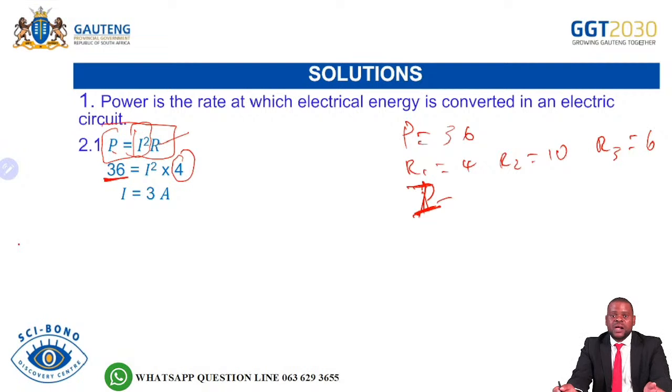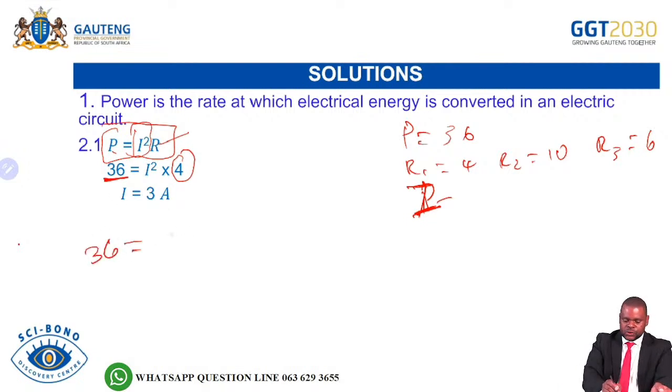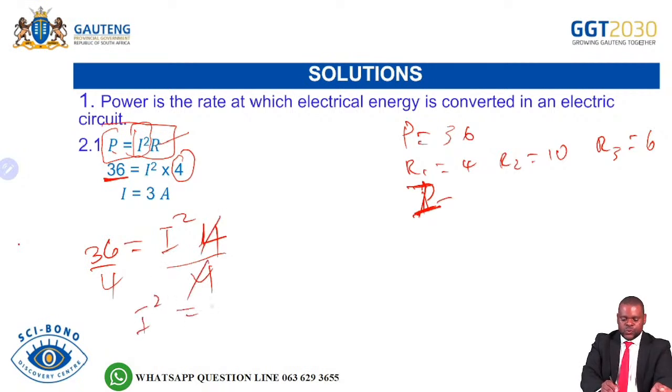Are we together? Yes. And then you ask yourself, how did I get 3 there? It comes from here. 36 is equal to I squared multiplied by 4. Then I divide by 4 on this side, so this 4 cancels this 4. I am left with I squared is equal to 36 divided by 4. How much is 36 divided by 4?